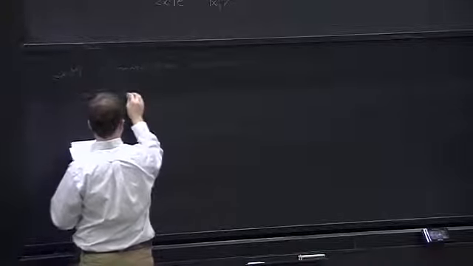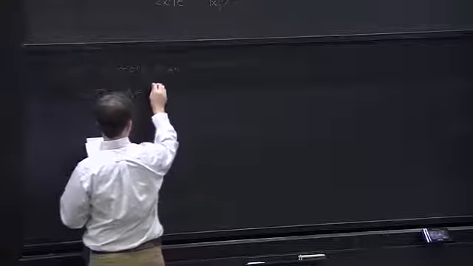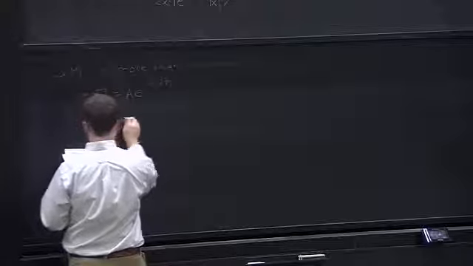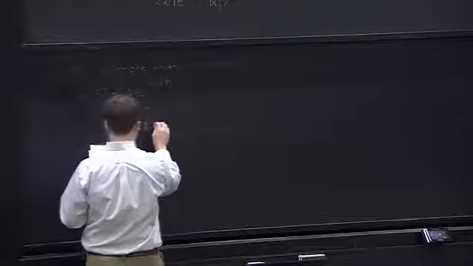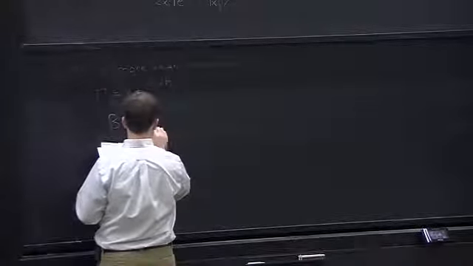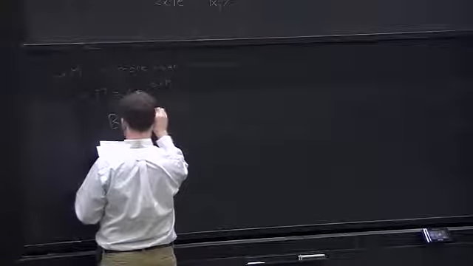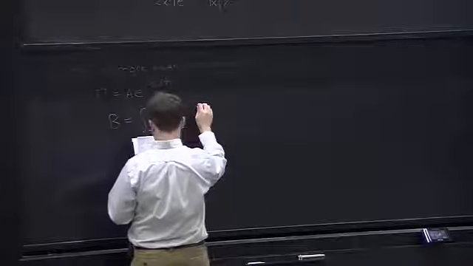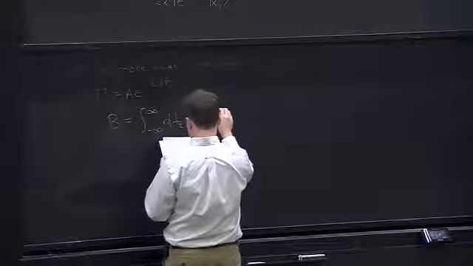Essentially the same derivation gives gamma is A e to the minus B over h bar, where B is the Euclidean action, again, of a bounce solution, but this time in more than one dimension.